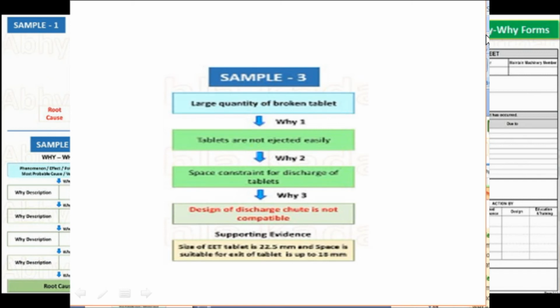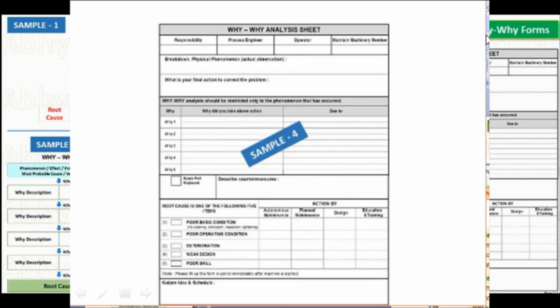Let's go to the next one, the fourth sample, a different format you can utilize for why analysis in the organization. This type of format is mostly used in ISO TS certified organizations and in their quality manual systems. The why analysis covers what the problem was and what is behind it, then who the engineer was, who the owner was, and the way of working there.